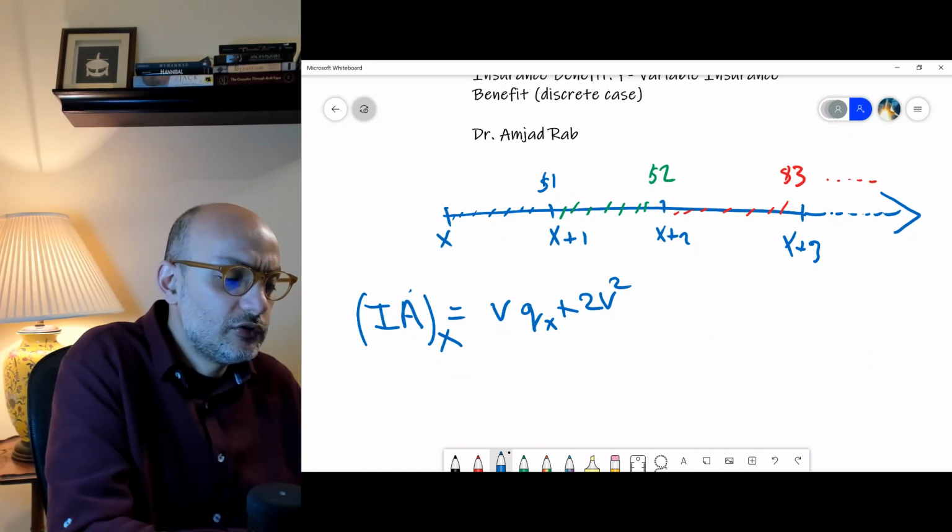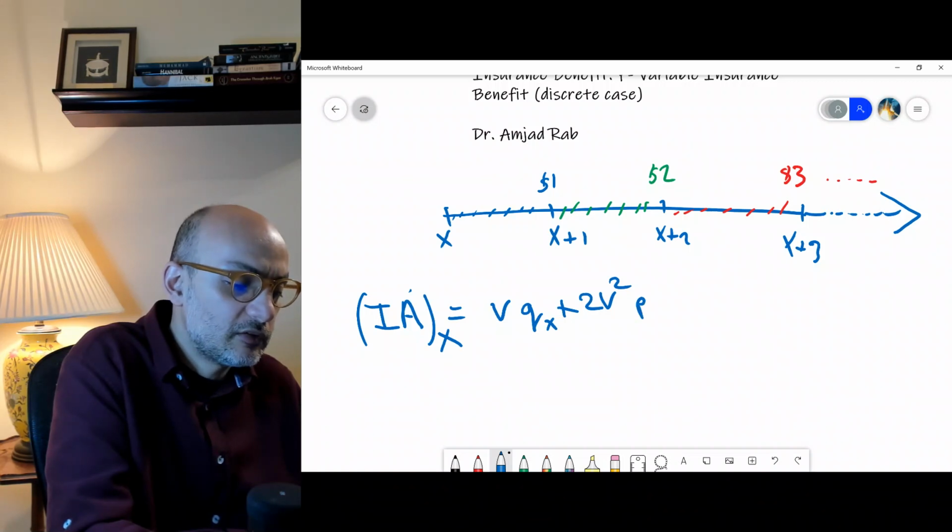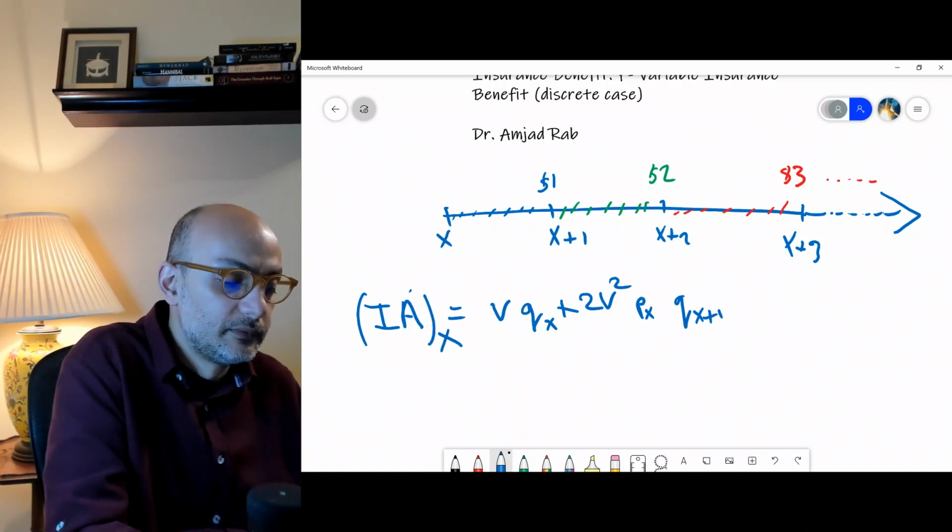And now for you to claim the $2, death would have to happen in the second period. So it means that somebody would need to survive to the second period first: p_x, and then death occurs in the year from x plus 1, q_{x+1}.